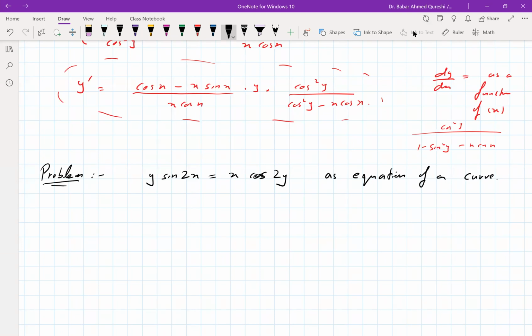And we have to find the equation of the tangent at this point, pi by 2, pi by 4. This is the x value, this is the y value.